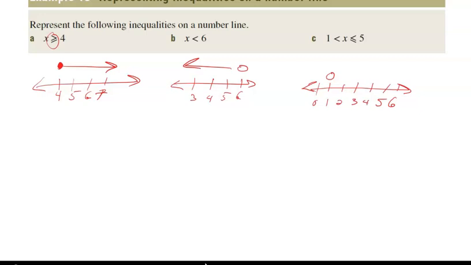And x is less than or equal to 5. So it could be 5. So we're going to color that in, and then we're going to connect these. Because it could be 5, because it's less than or equal to 5, it's going to be in the range between 1 and 5. 1 is not possible, but 5 is absolutely possible.